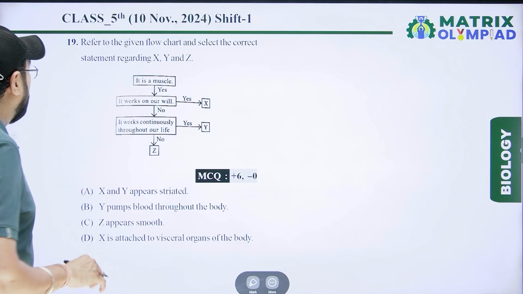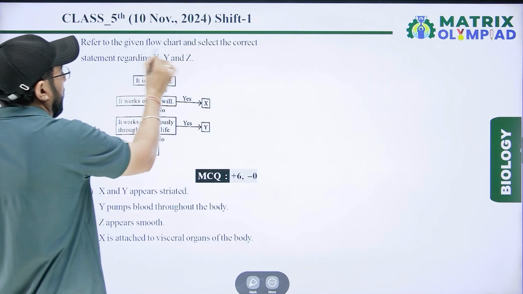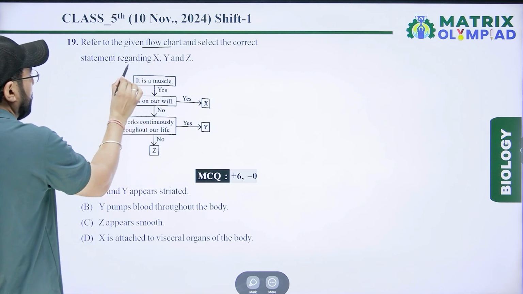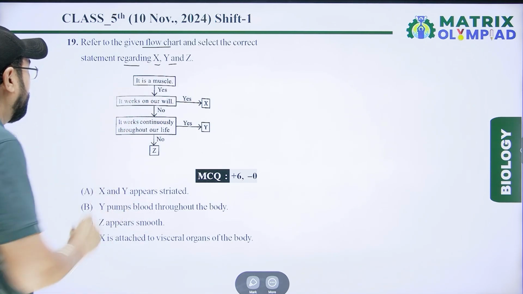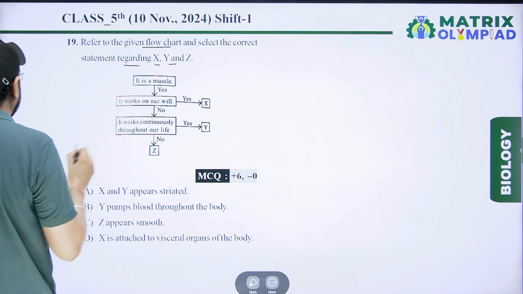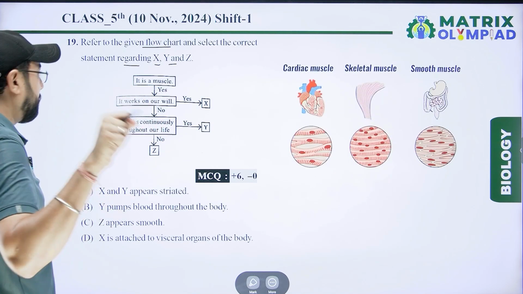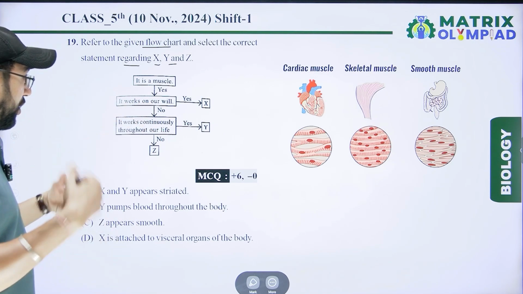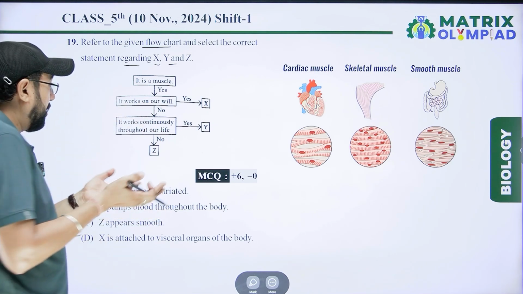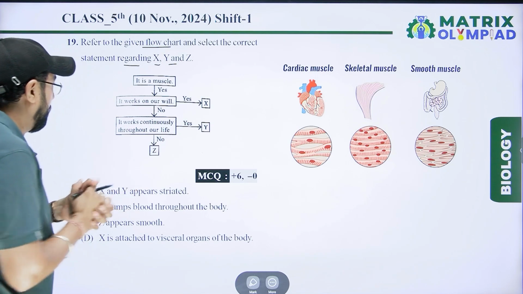Next, refer to the given flow chart. Select the correct statement regarding X, Y and Z. It is muscle. Yes, it is muscle. It works on our will. Voluntary action.